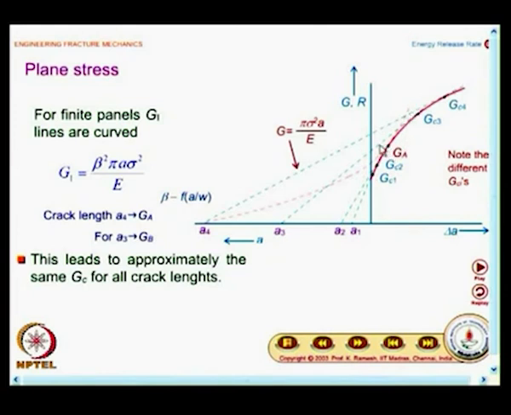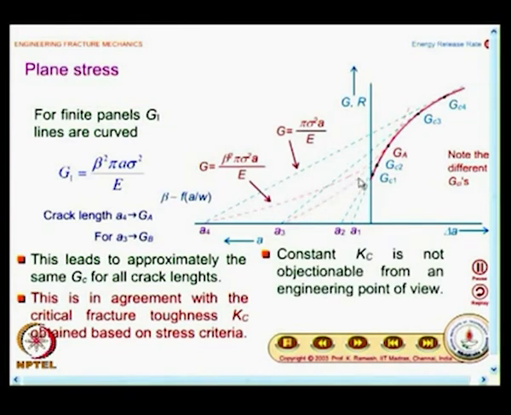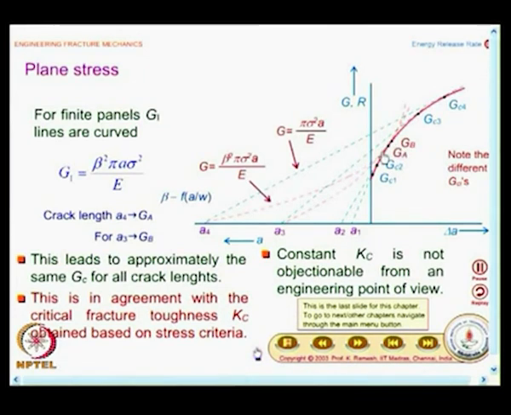At this point, G equals R, and the slopes of the G and R curves are matching. So, fracture instability will occur here, and now we look at a shorter crack length, and the line is like this. So, this shows that you would have a constant value of G for different crack lengths if you recognize G also varies nonlinearly.